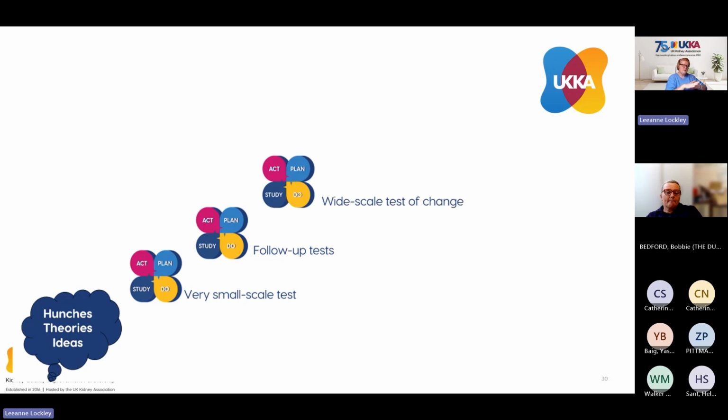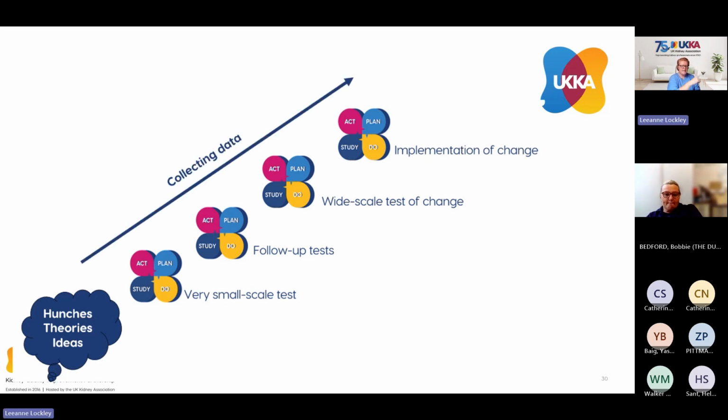Then you would spread the scale. You then spread the test to maybe 20 patients, 30 patients. Maybe we'll have 2 or 3 consultants testing out a change. So you're just spreading out the change. And then once everybody's happy, all the consultants, all the staff, this is the new way of working, we're going to implement that change.